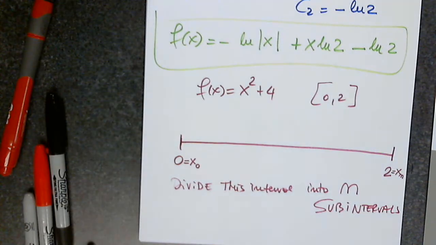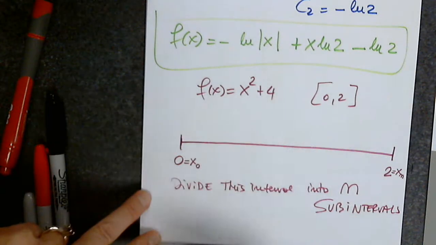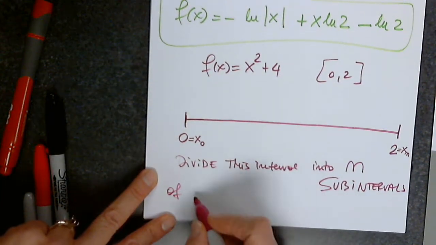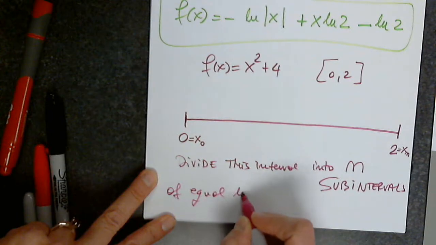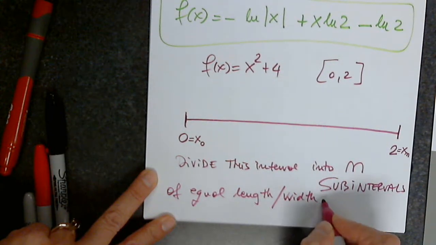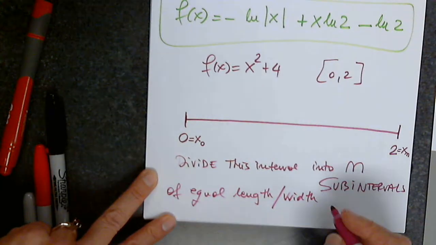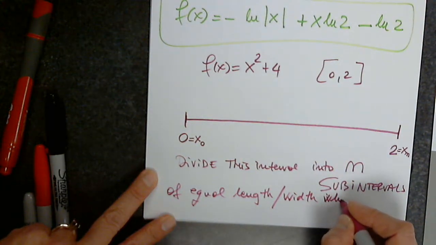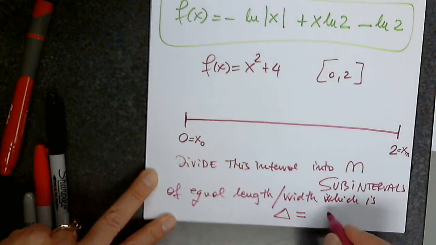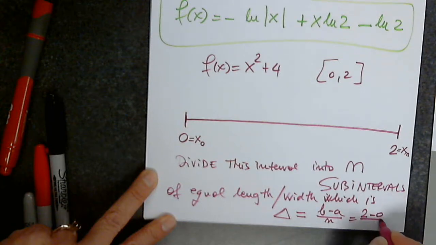N. So the first subinterval, I have to explain, I have to write that down, of equal length, or if you want width, better, which is delta x, and it's b minus a over n, which is 2 minus 0 over n, or 2 over n.